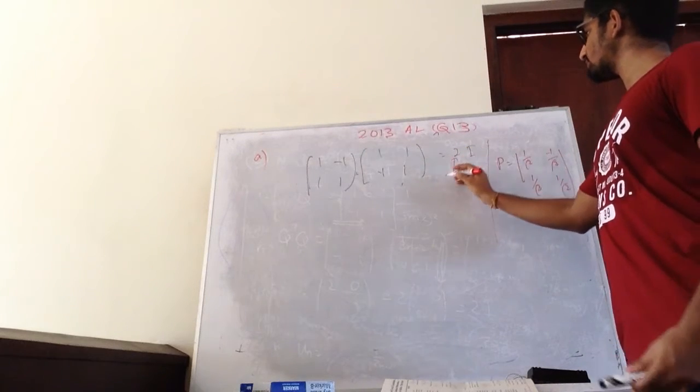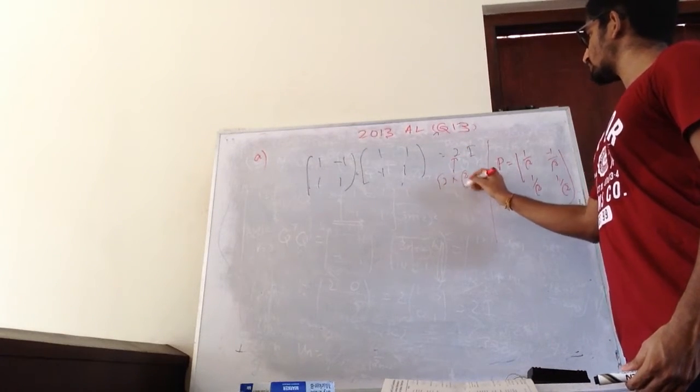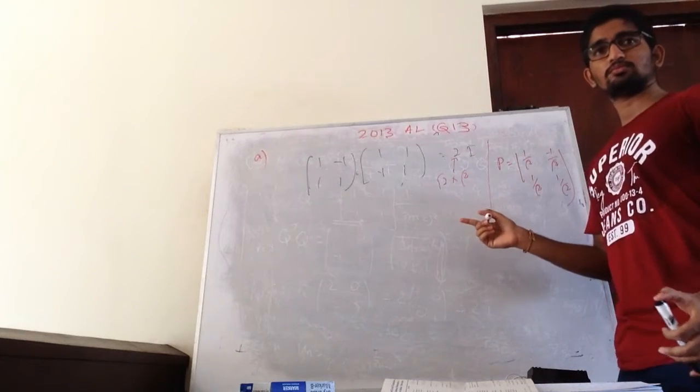Now 2 can be written as square root 2 into square root 2.